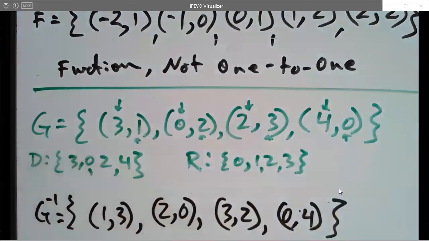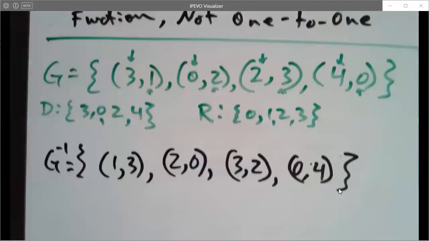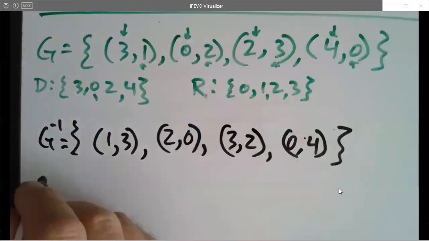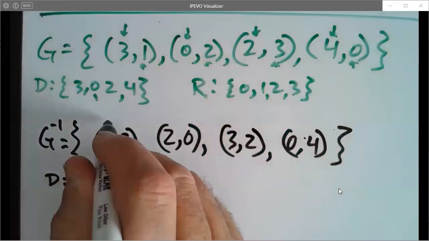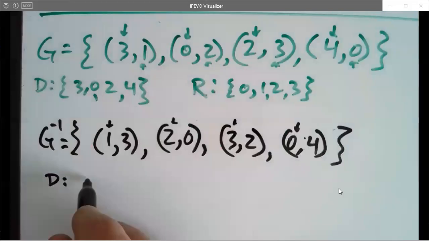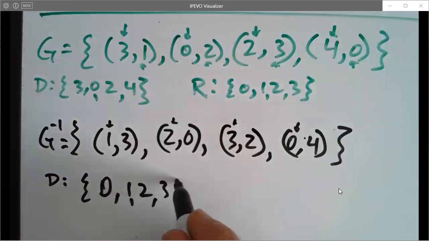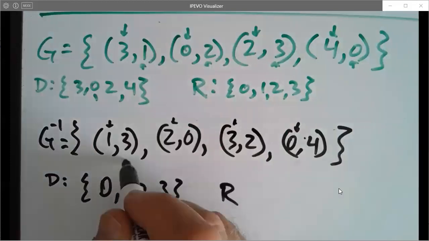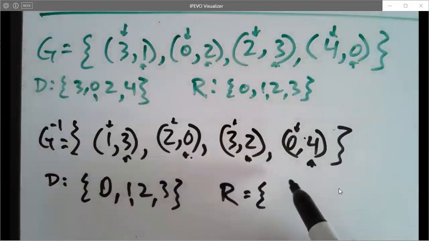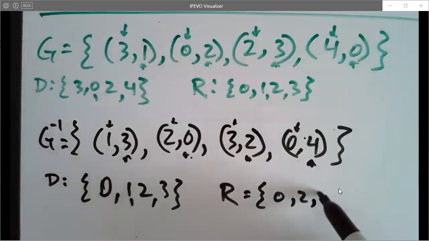Now let's look at the domain and range for our inverse. Again, domain are all the x values. 1, 2, 3, 0. So that would be 0, 1, 2, 3. And the range are all the y values. 3, 0, 2, 4. So that will be 0, 2, 3, 4.